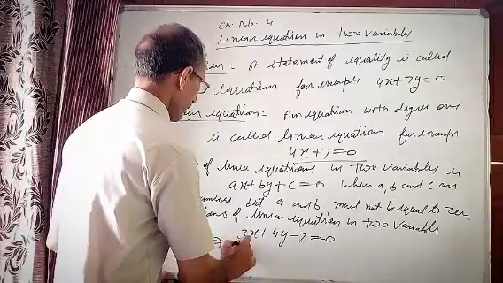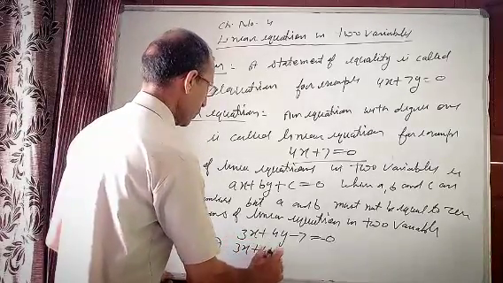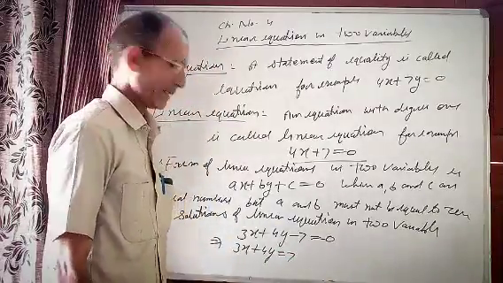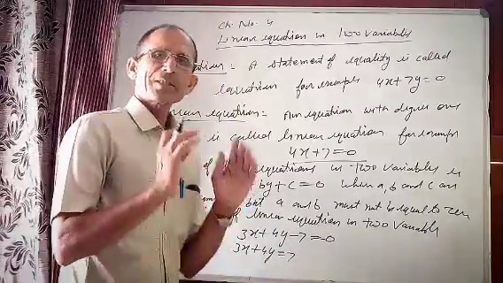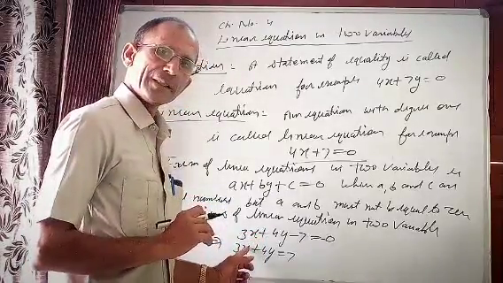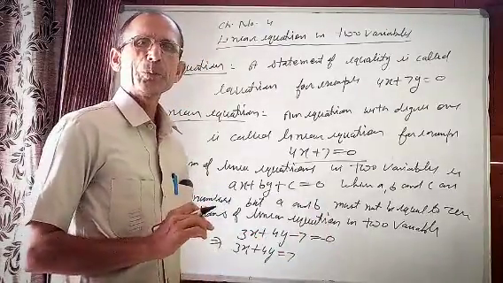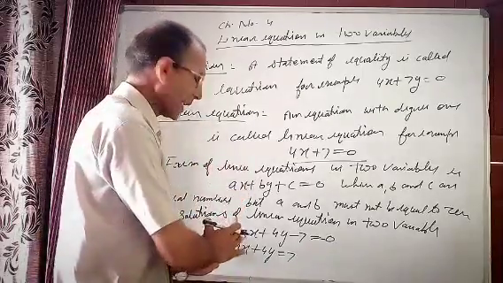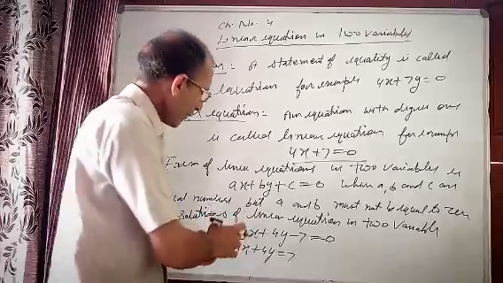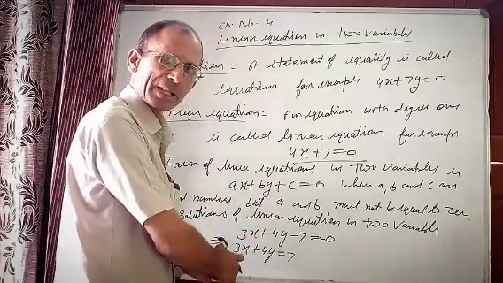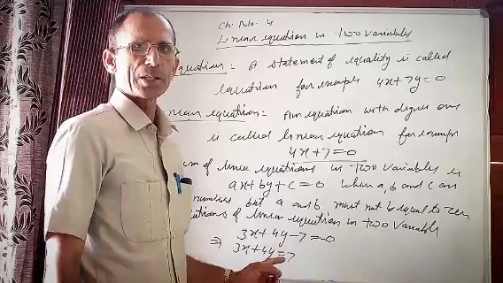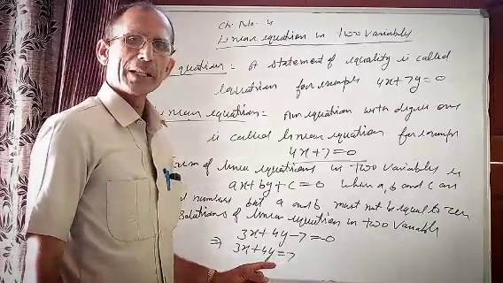So 3x plus 4y is equal to 7. Shift 7 to that side. Now there are some special values. If I put these values in, and the result is equal to 7, then we can say these are the solutions of the given equation.